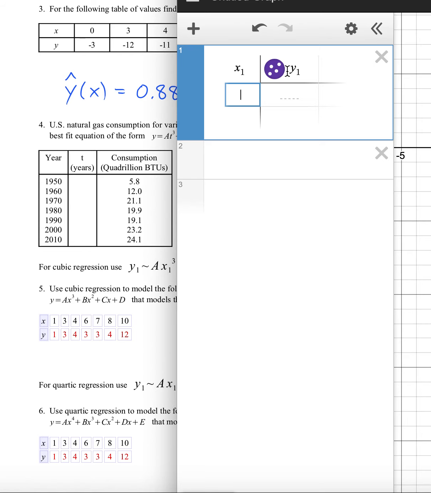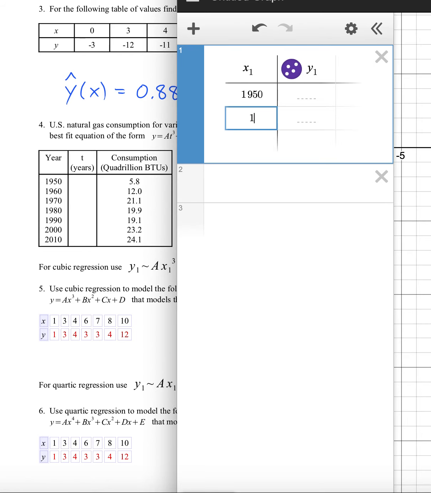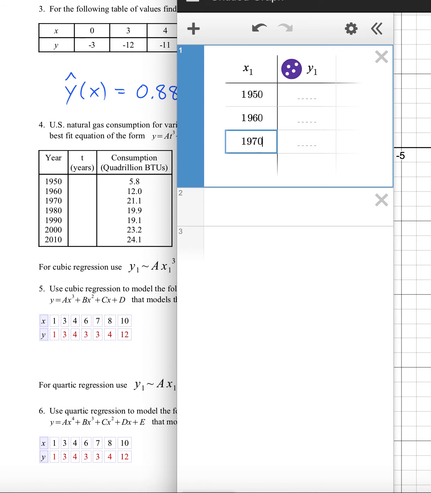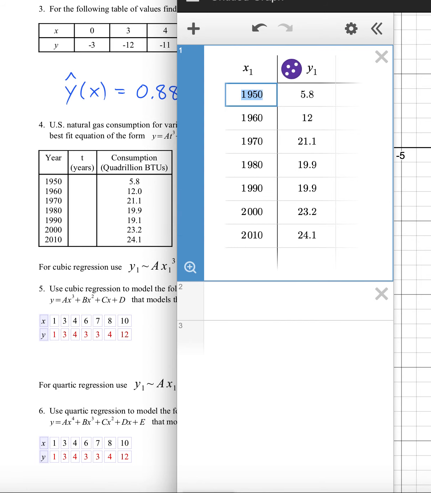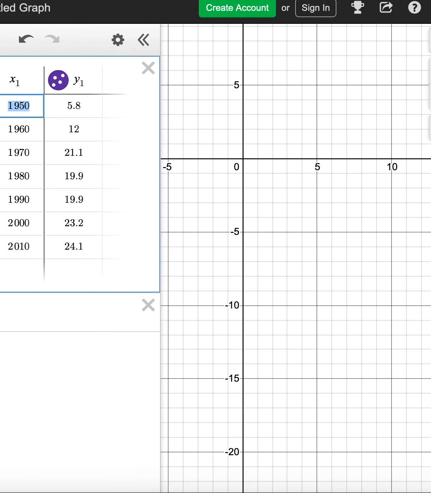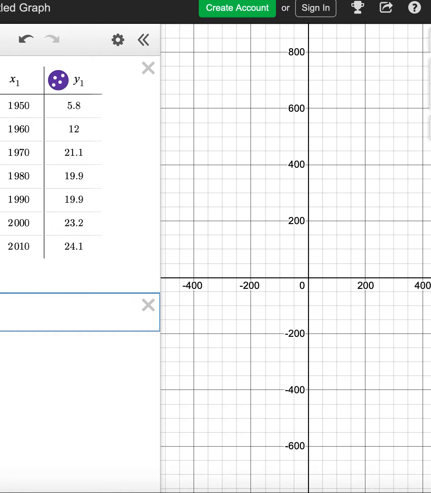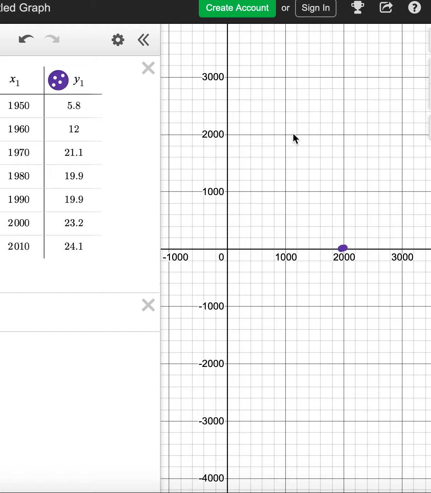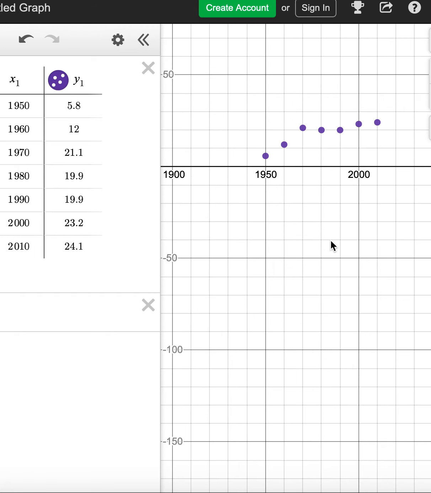Now we could type in 1950, 1960, and so on. All right, there's our data. So now let's scroll out to see it. We'd prefer to get our data closer to the origin, if possible here.